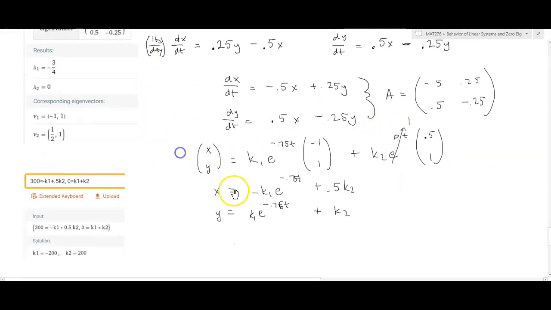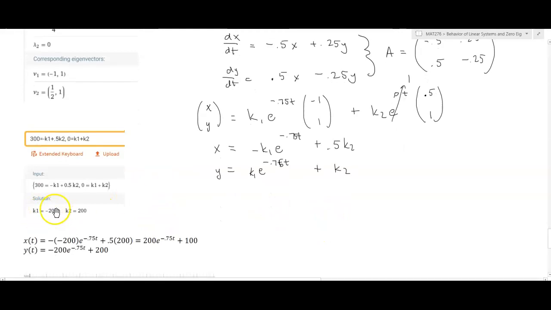I know that Lake 1, x was initially 300, equals negative k1 e to the 0, that's just 1, so negative k1, plus 0.5k2. And 0 equals k1 e to the 0, which is just k1, plus k2. I get coefficients of k1 is negative 200, k2 is 200. So I plug in negative 200 for k1 in the first equation.